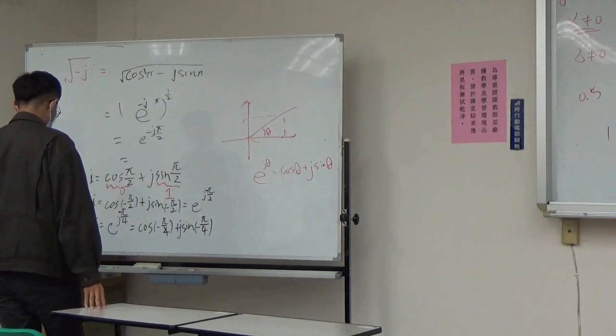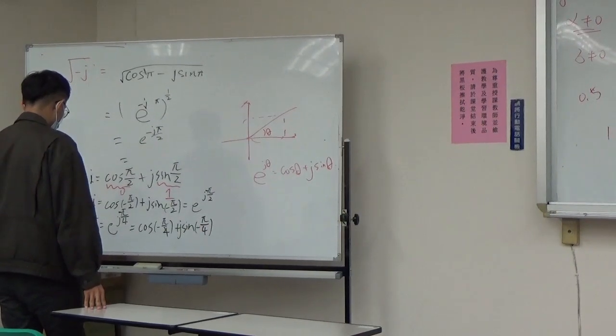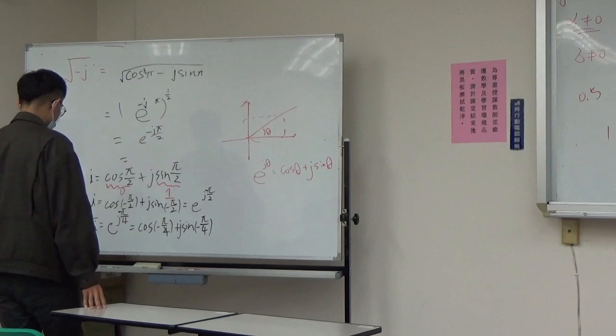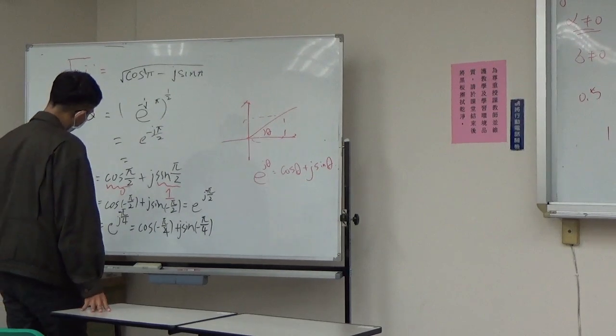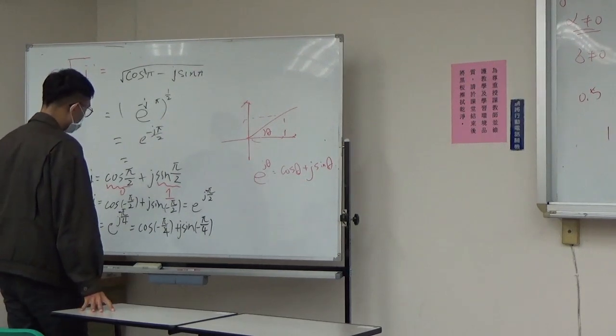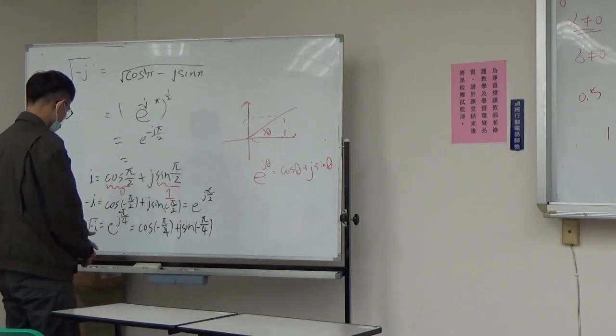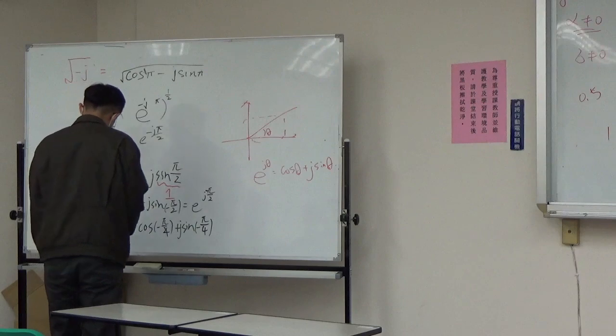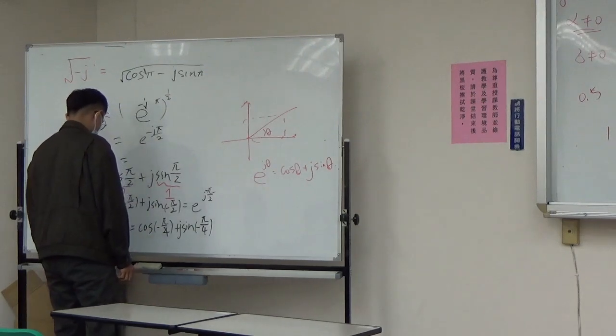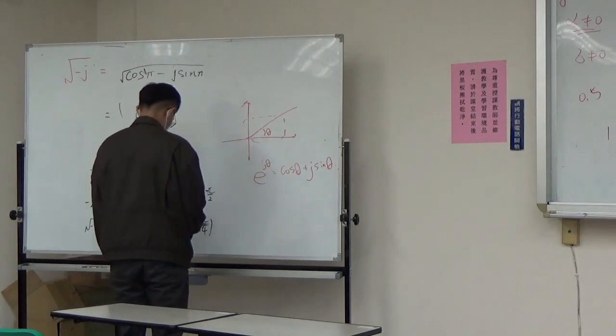Omega epsilon, epsilon cancels out. And the omega, so you will have omega mu. The answer is 1 plus j times the square root of 1 over 2.